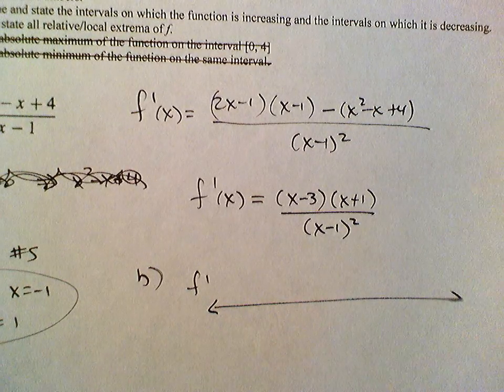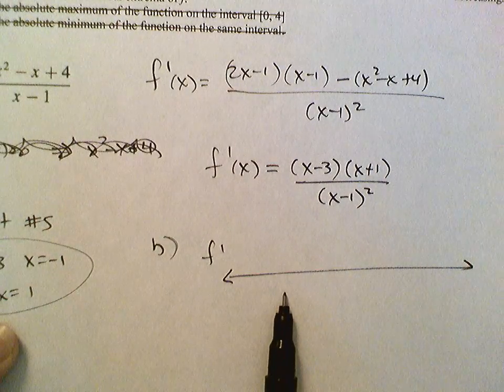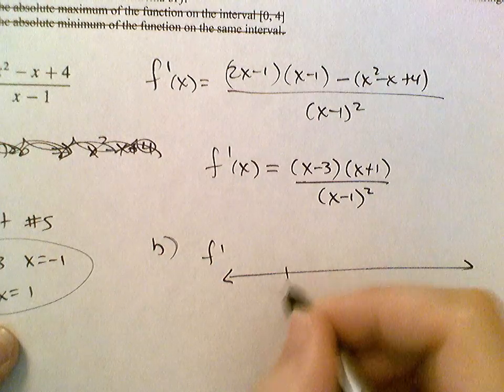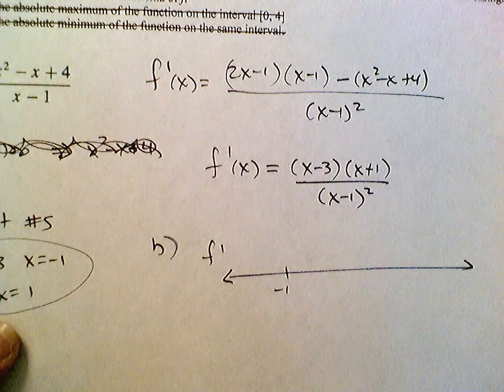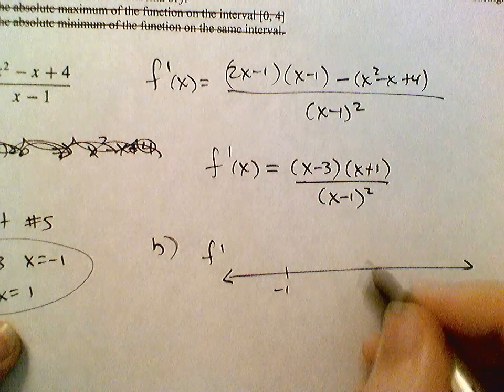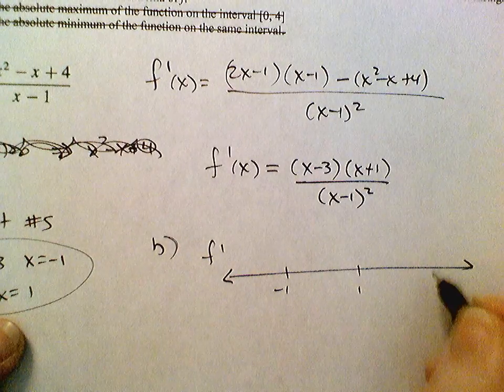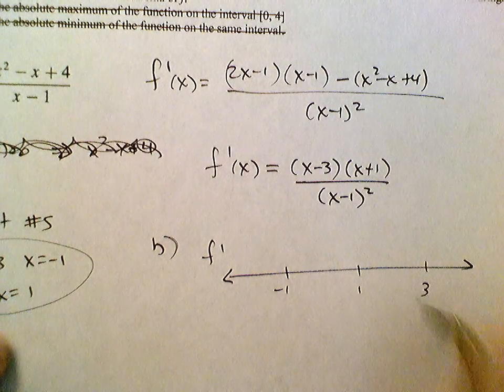These represent values of f prime. You're going to divide the number line with the critical numbers. So negative 1, and yeah, so we've got negative 1, 1, and 3.